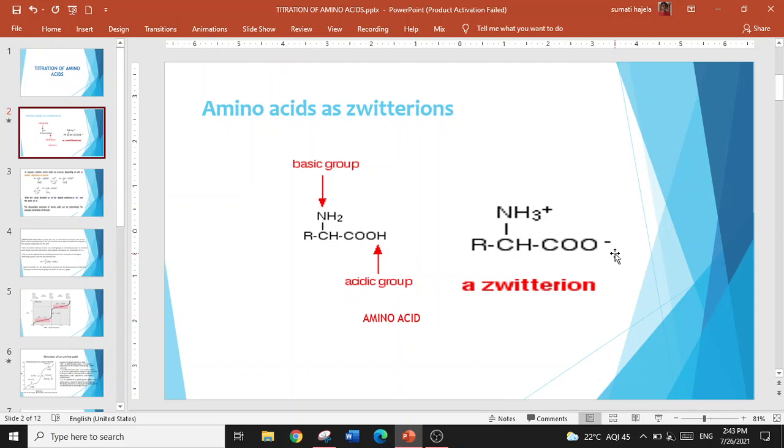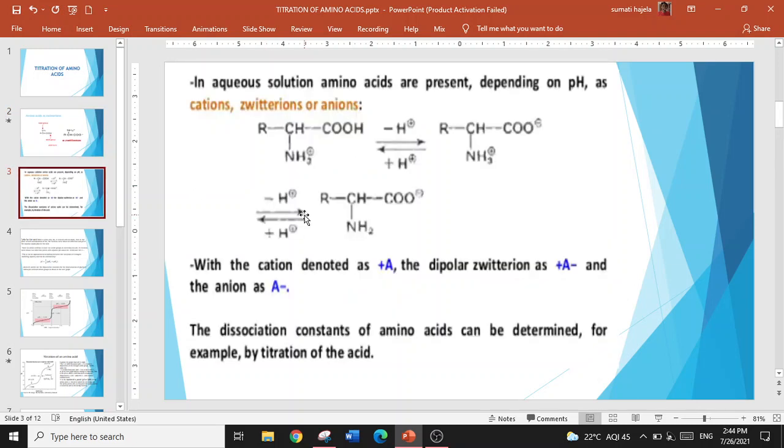Now, since I'm discussing the titration of these ions, what will happen when we add NaOH to it? Whatever I have already told you, you can see here. This is a zwitterion.